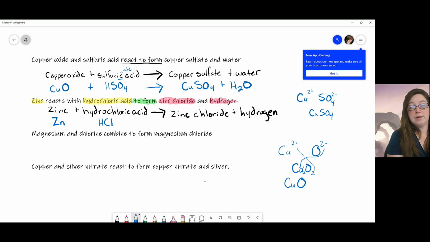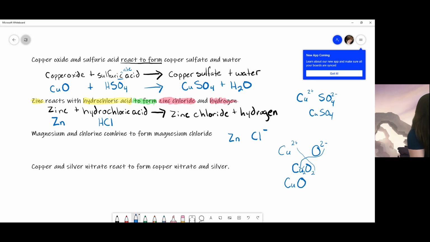Zinc chloride is a compound of zinc and chlorine, so we have Zn and Cl minus. I actually don't remember what zinc's most common ion is, so I'm going to check my reference sheet. As soon as I find it, there it is.